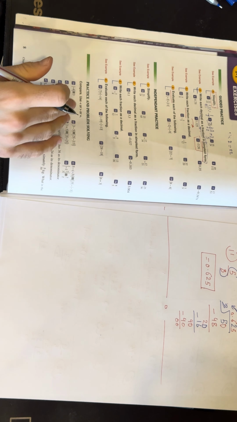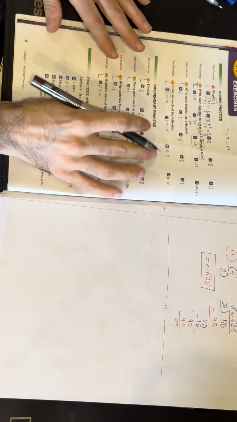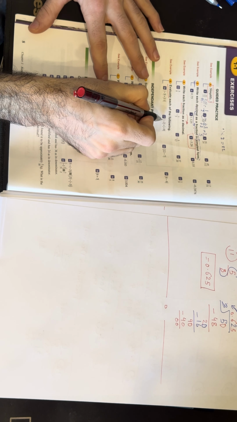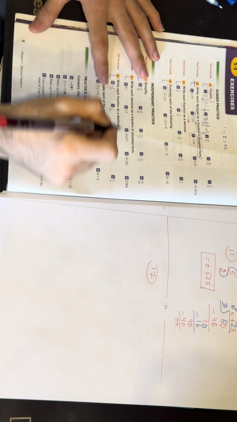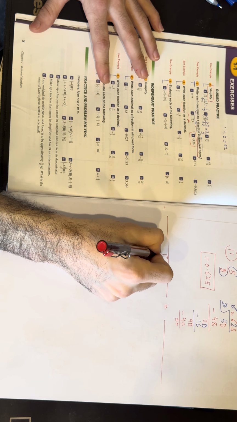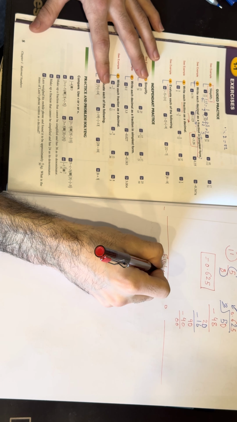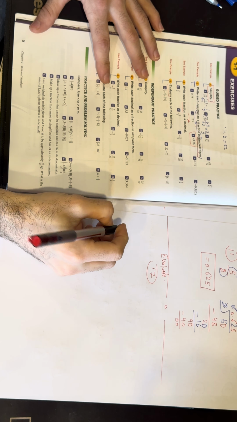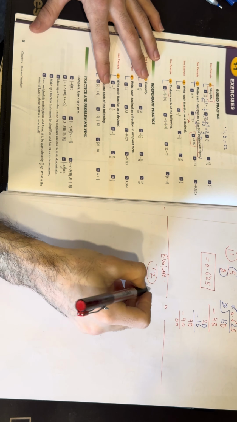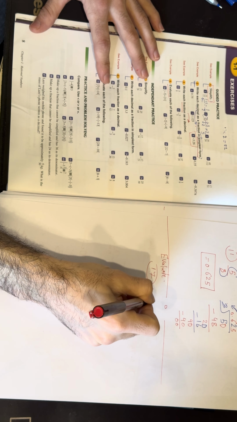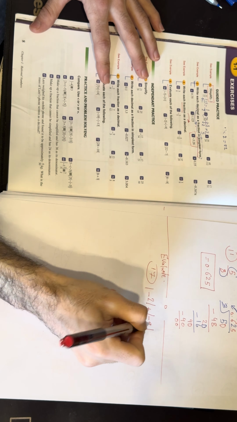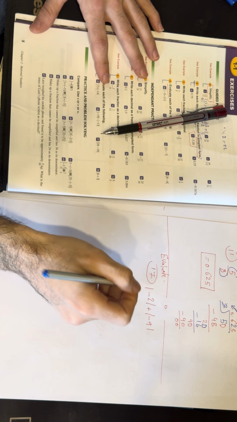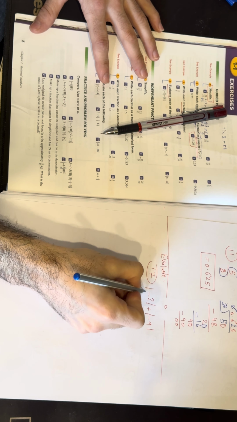So let's solve a question here. The first question that we have, let's solve question number 17. It's an evaluate. In this one, the first thing I'm going to do is write the absolute value of 2 plus the absolute value of negative 9. First of all, I'm going to take out the absolute value of 2.